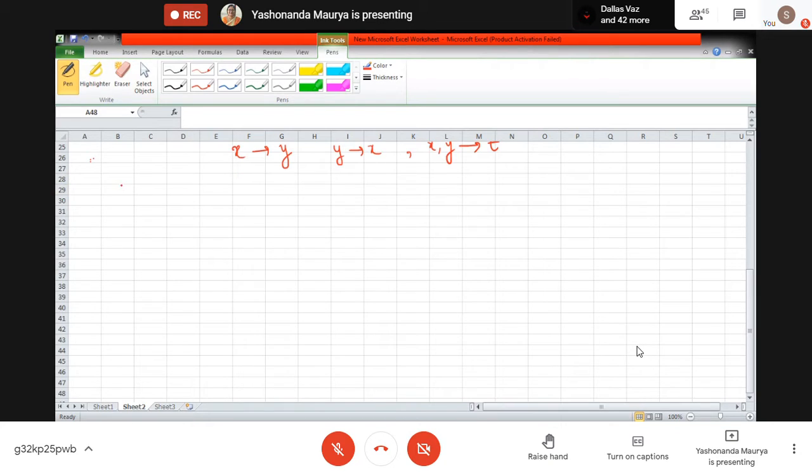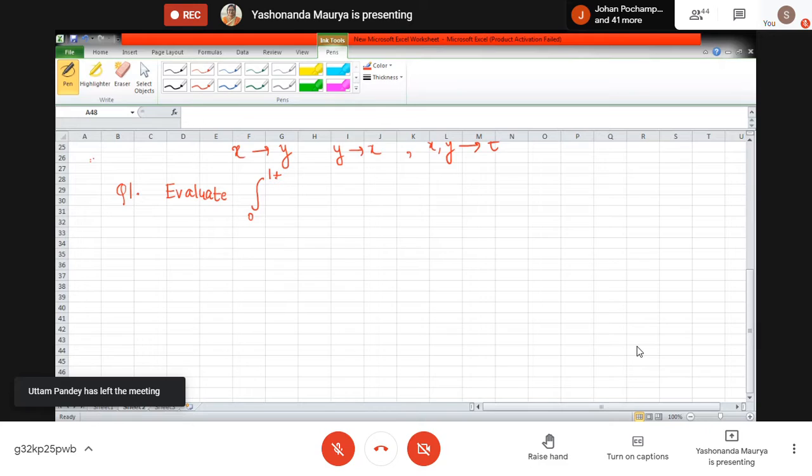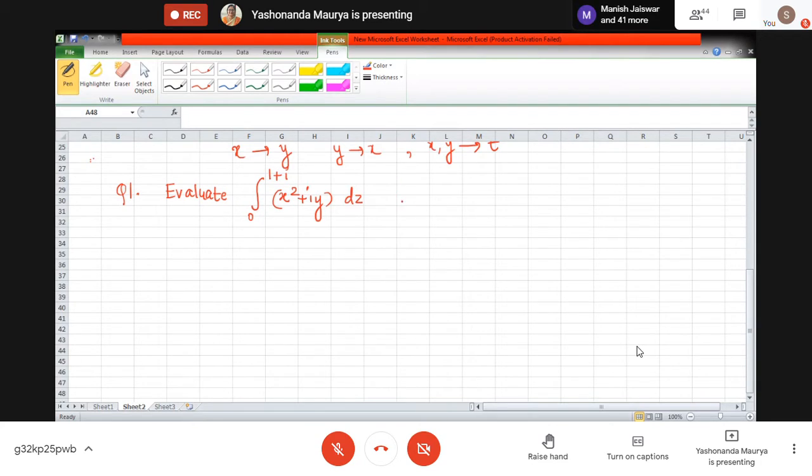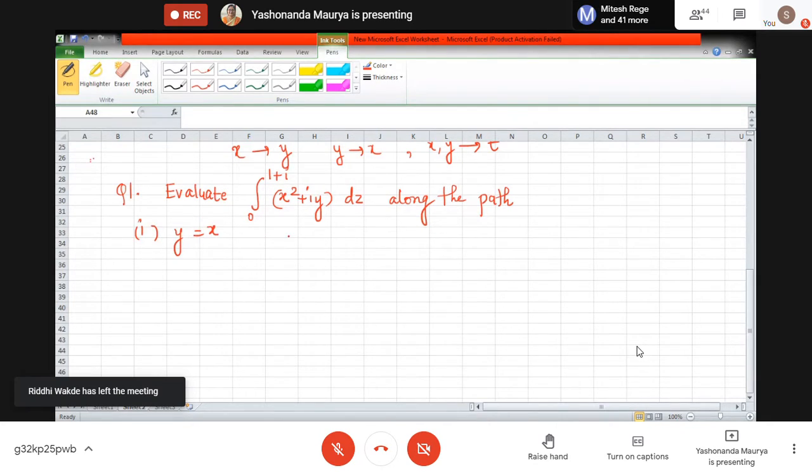Question number one. We are trying to evaluate the integral from 0 to 1 plus i of (x square plus iy) dz along the path: number 1, y is equal to x; number 2, y is equal to x square.